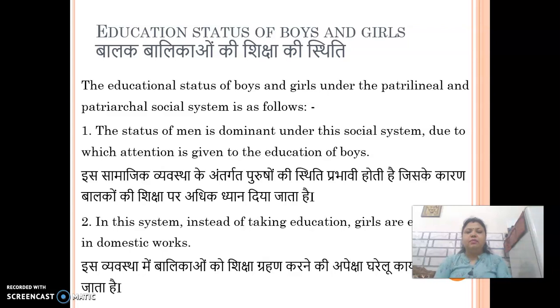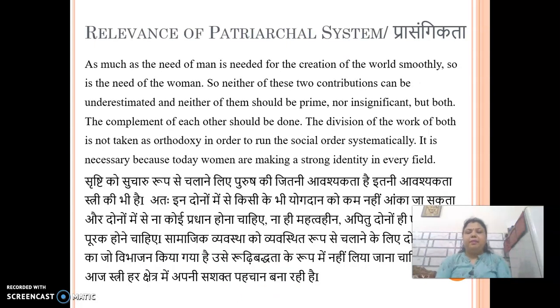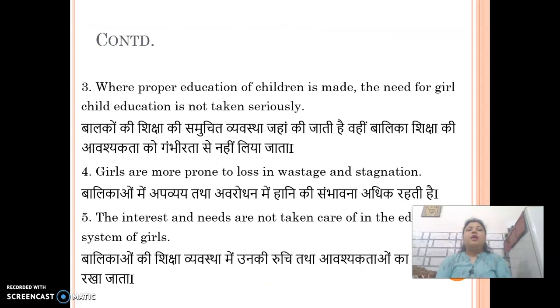In this system, instead of taking education, girls are employed in domestic work. Where the proper education of children is concerned, the need for girl child education is not taken seriously. Girls are more prone to wastage and stagnation, and their interests and needs are not taken care of in the education system.